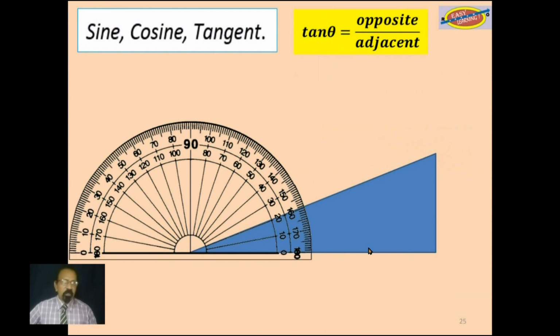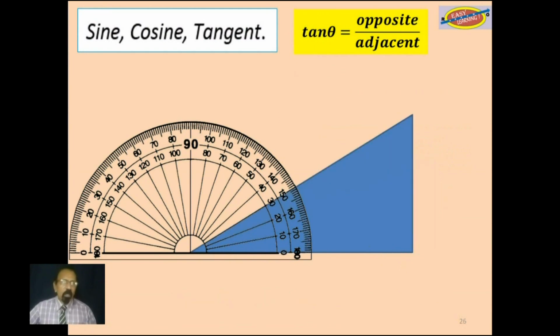Let's make sure we understand that. Tan 20 is 0.36. So this side here is 0.36 of that if the angle is 20 degrees. If the angle is 30 degrees, and we find the tan of 30, we will get 0.58.